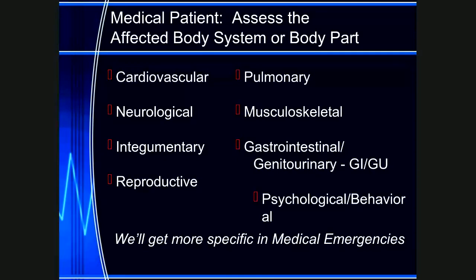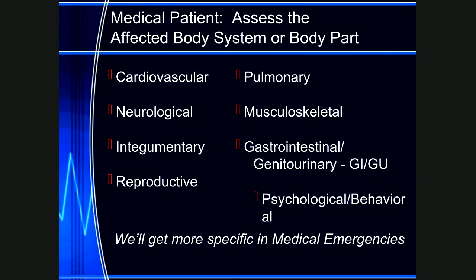So medical patient assessment, we're going to assess the affected body systems or body part. Your responsive medical patient will have provided you most of your assessment information. You're going to gather more information from the sample history.